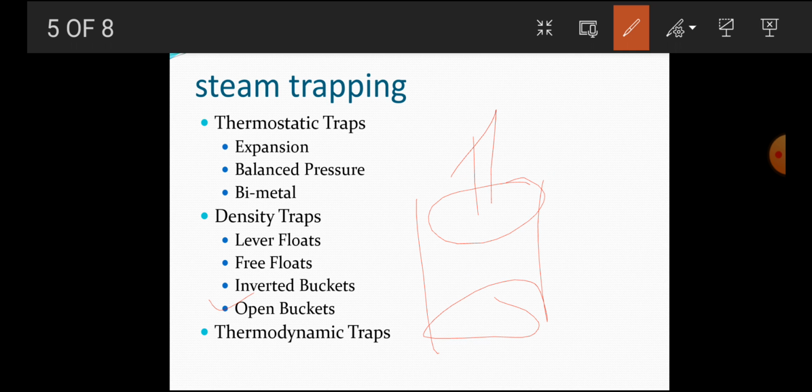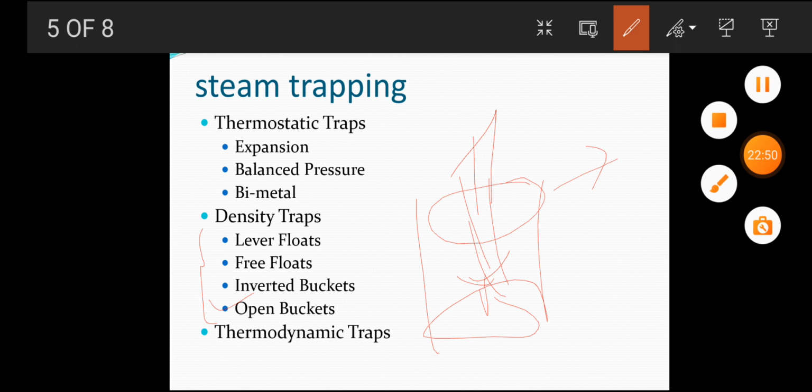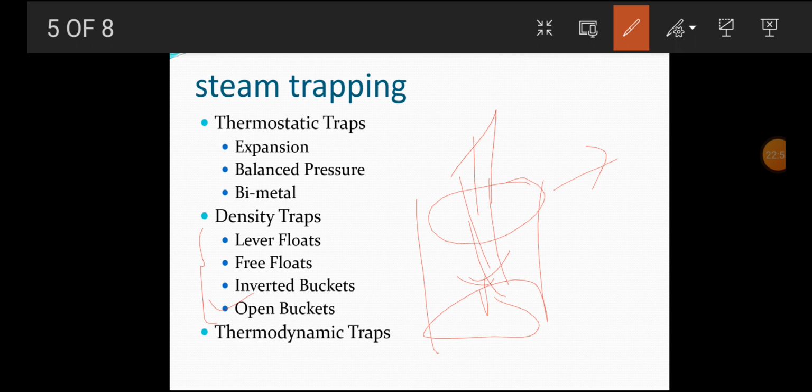The mechanism uses the buoyancy of the float to keep the valve shut, and the condensate fills the bucket to remove the buoyancy, thereby opening the valve. So these are mainly density traps, which are used to operate the valve.